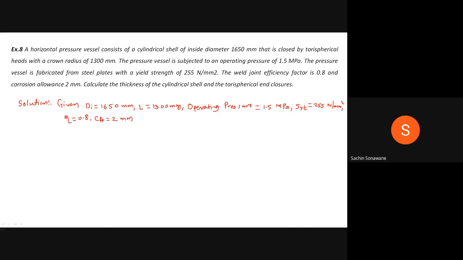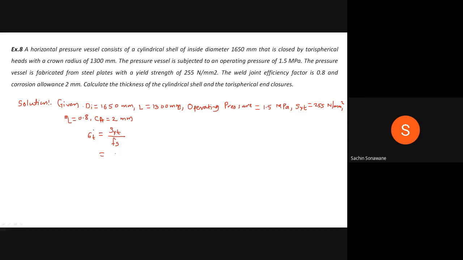Therefore, first of all we will calculate sigma t, that is the allowable tensile stress. Sigma t is equal to Syt upon Fs. When Syt is given in the problem, we have to take Fs equal to 1.5, always remember. And when Sut is provided in the problem, we have to take the factor of safety equal to 2.